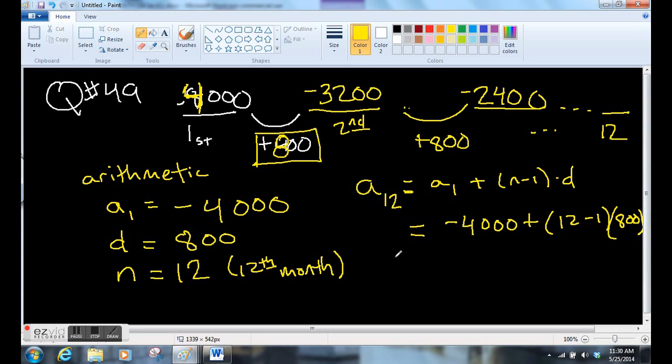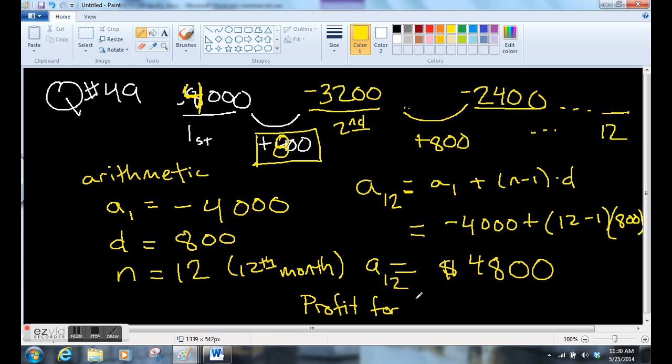Excellent job. So the 12th term here is -4,000 plus 11 times 800, which is 4,800. So the profit for the 12th month is actually positive. Yay, team. It is $4,800.